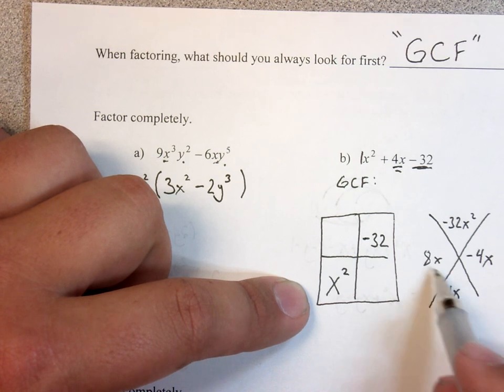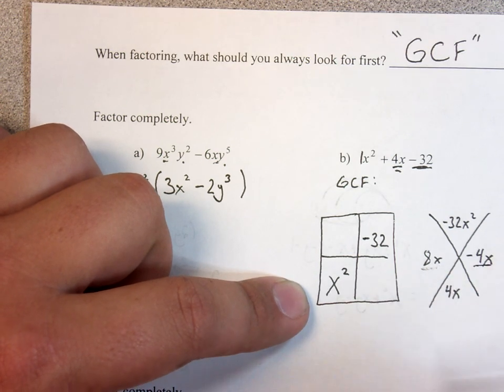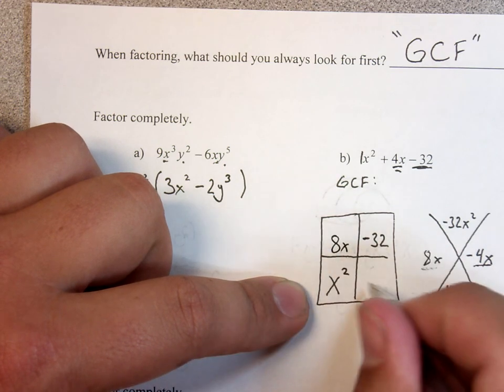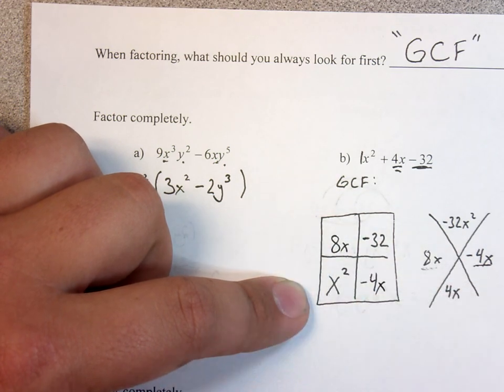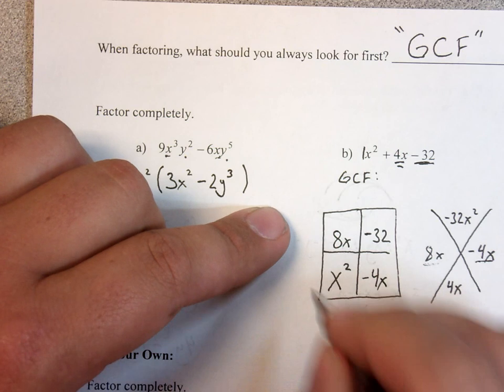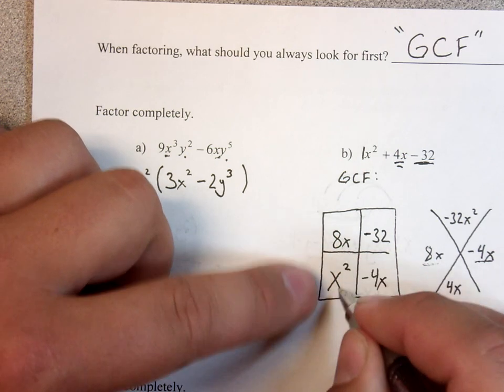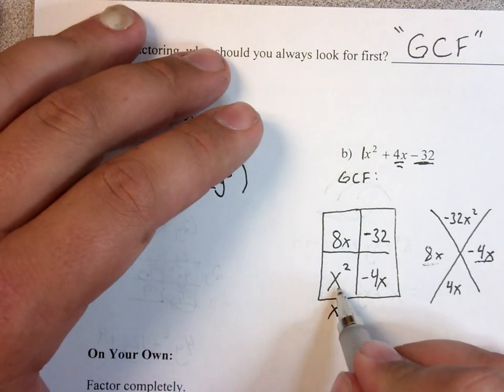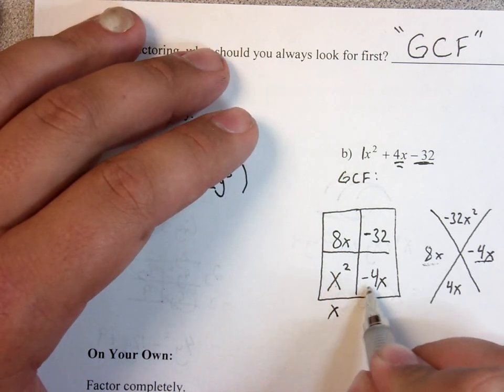So I'm going to take these terms and complete my generic rectangle. 8x, negative 4x. Now I'm going to build my area model and my generic rectangle. So what can I pull out of 8x and x squared? X. What can I pull out of x squared and negative 4x?